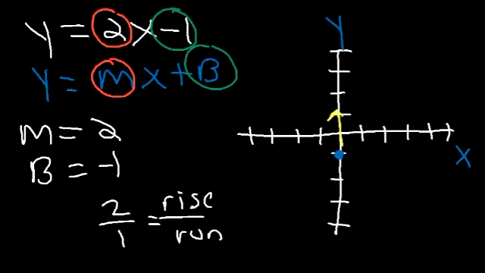So therefore, the next point is going to be at 1, 1. So then we're going to rise 2, run 1. So the next point is going to be over here. And at this point, we can draw a straight line. And so that's how you can graph an equation in slope-intercept form.